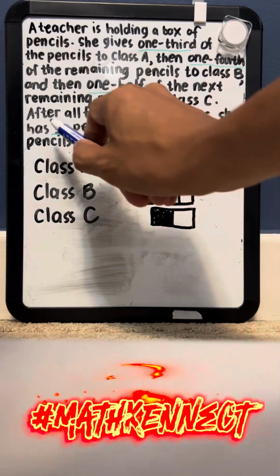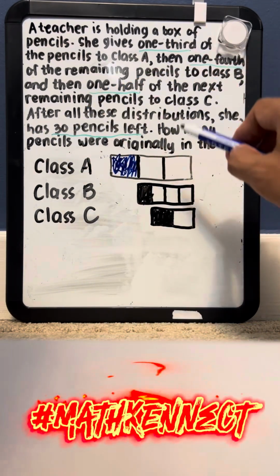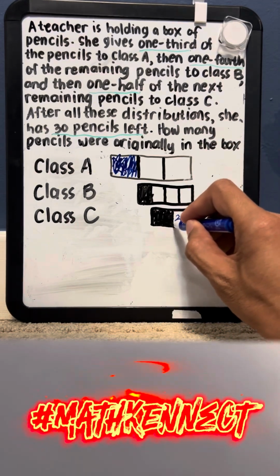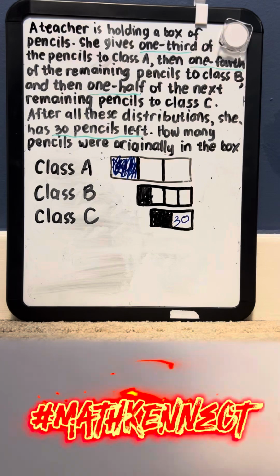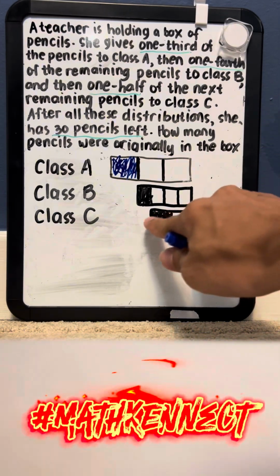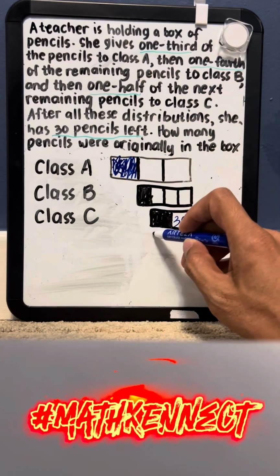But remember, it says here, after all these distributions, she has 30 pencils left. So this means this one right here is 30. And since this one is half of the whole box, this shaded region is worth also 30.